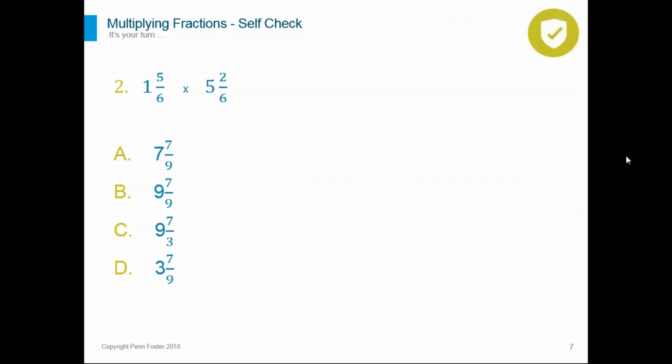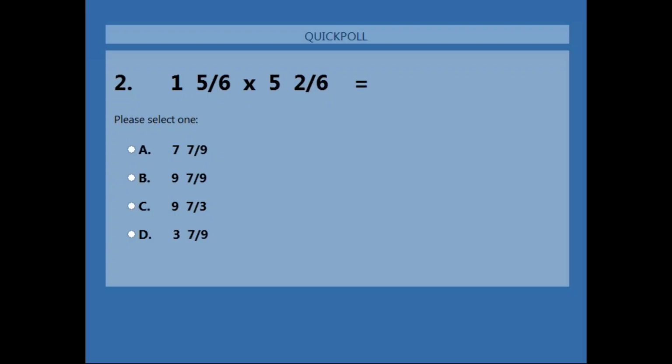Okay, let's see the problem again with the same answer choices. What do you think? What is the product of multiplying 1 and 5/6 times 5 and 2/6?